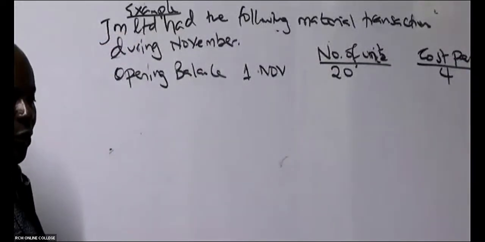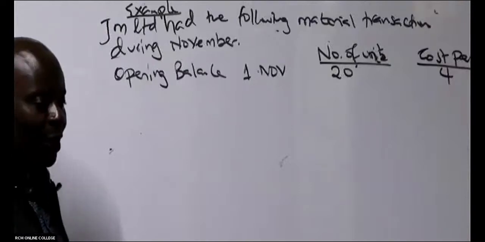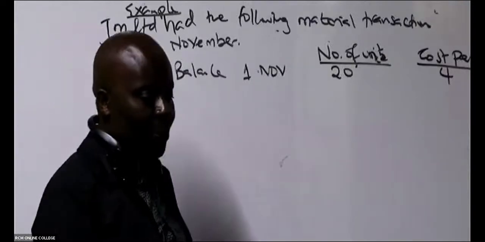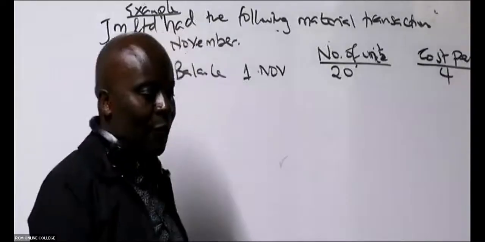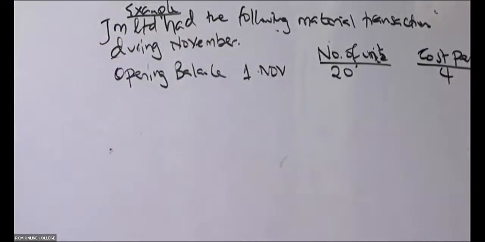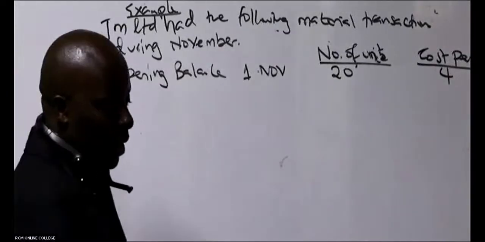Even the online students are copying exactly what Mwalimu is putting down. So we have the opening stock, which we had at the beginning of November: 20 units, and cost per unit is 4.